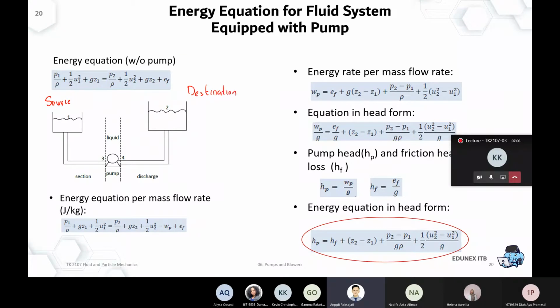Given the requirement of the process, for example, you have a total pipeline length of, let's say, 100 meters, and it consists of fittings, a control valve, and a lot of other things. So there will be a pressure drop in the system, in the pipeline and fittings.